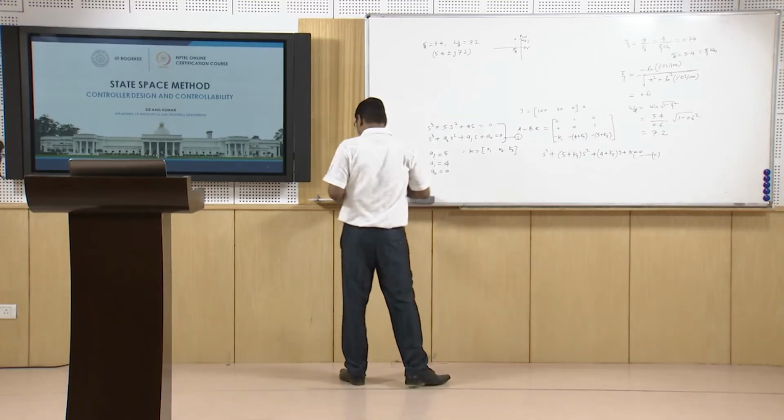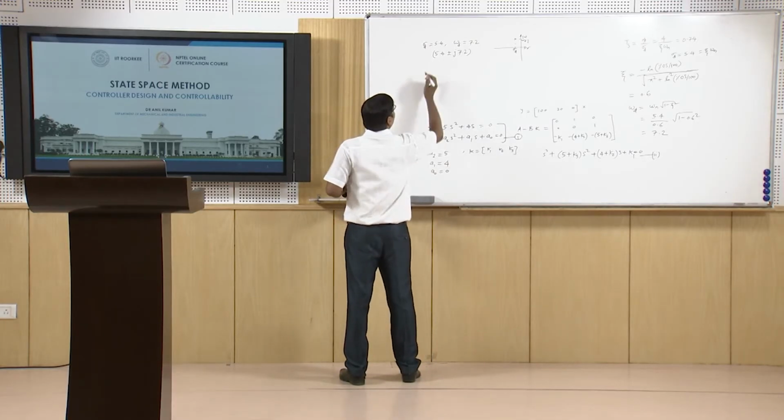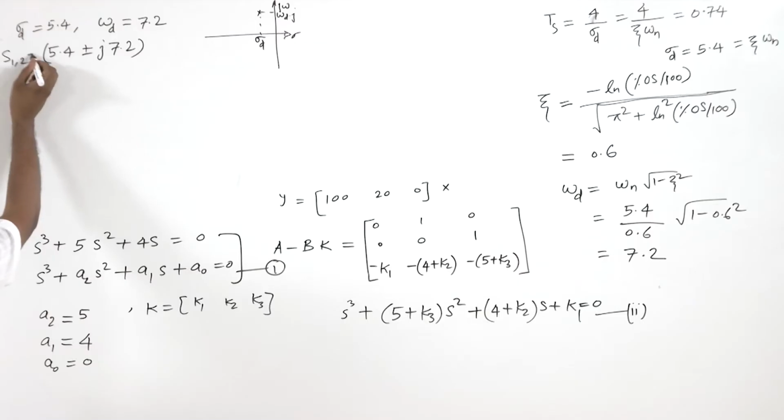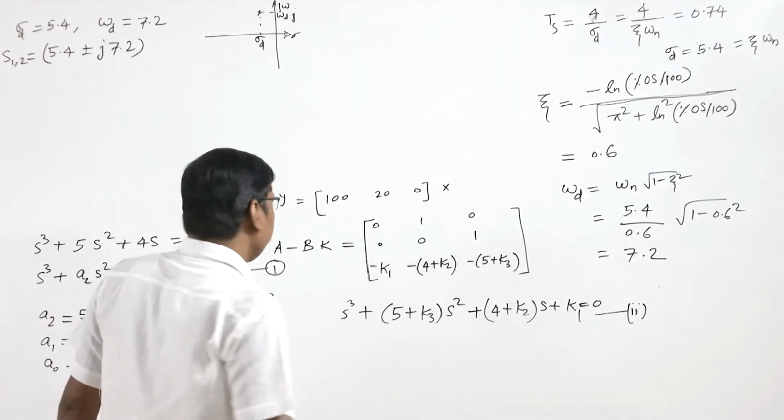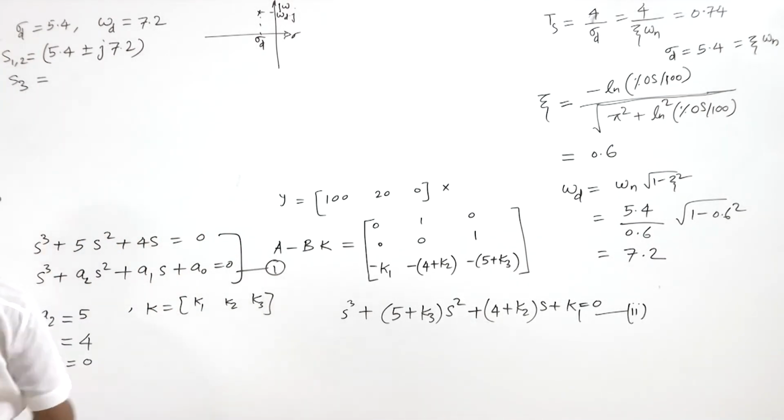So let's say s1 and s2 equal to this. Now what about s3? The third pole, where should I put it?